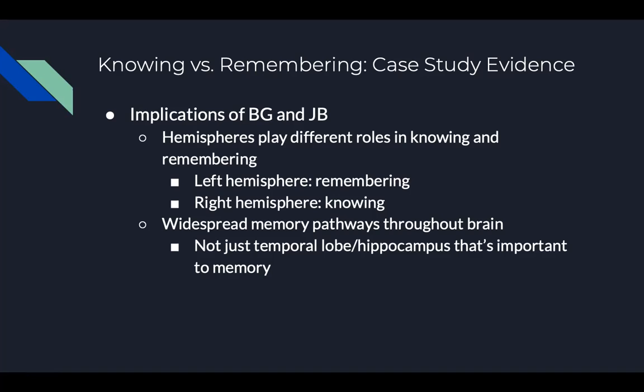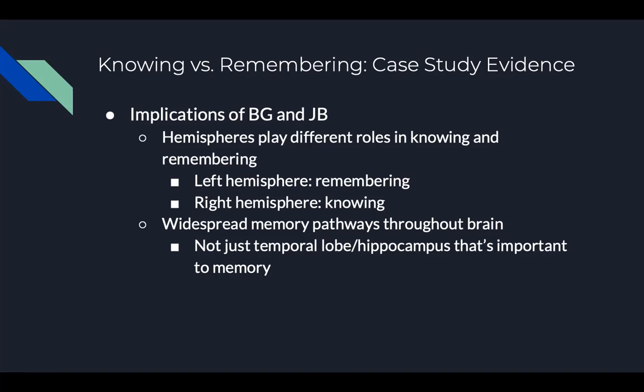In the case of BG, his right hemisphere is what had the damage, and so that meant that his left hemisphere was intact. It was still fully functional. And so perhaps this left hemisphere being intact is what was leading to his bias for remembering.